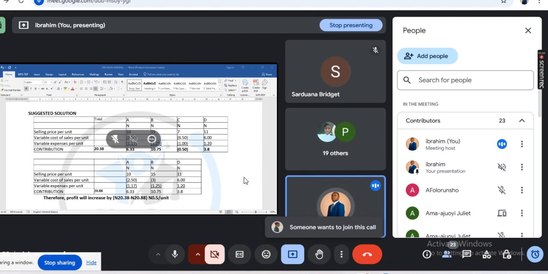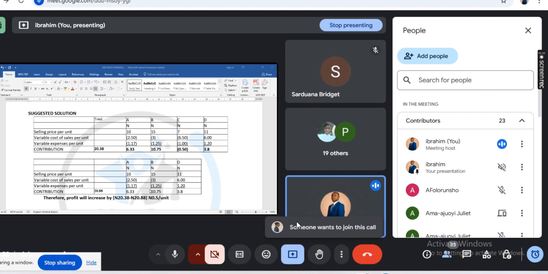As a result of discontinuing product C, you have a higher profit of 20.88. Now, 20.88 minus 20.38 before you discontinue the operation, you have 0.5 per unit, right? 0 naira 50 kobo per unit.